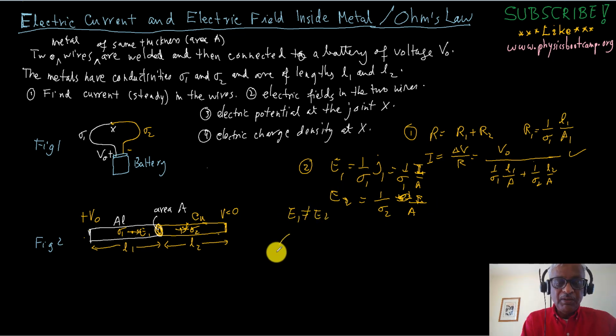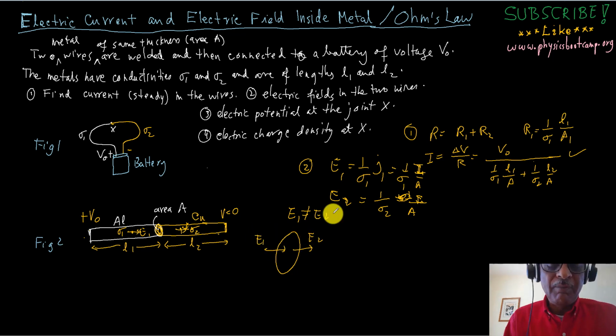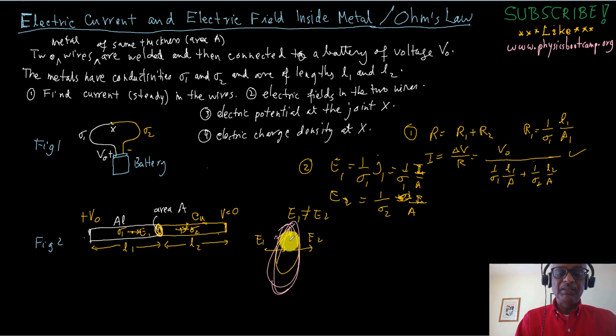So we have a surface here. On this side of the surface is E1, and this side of the surface is E2. You can imagine this is an infinitely big surface with charge density sigma 0.